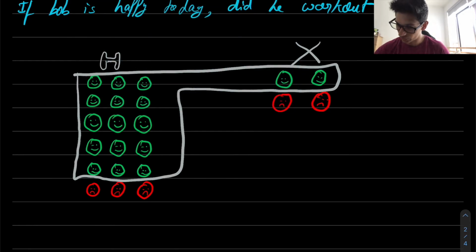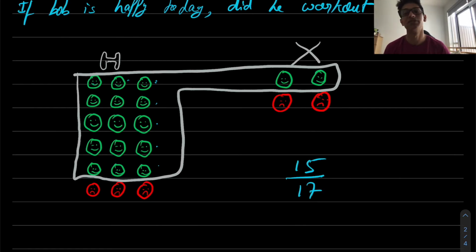Over here we have a total of 1, 2, 3, and 1, 2, 3, 4, 5. So that's 15, 17. So we have 17 total options, out of which 15 of them he worked out. So there's a 15 out of 17 chance that he worked out given that he is happy. And 3 out of 5 chance that he worked out given that he is sad.